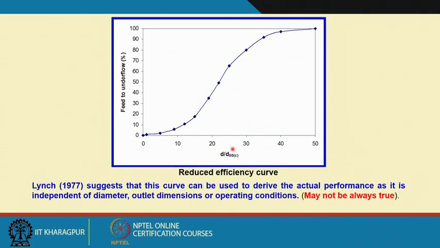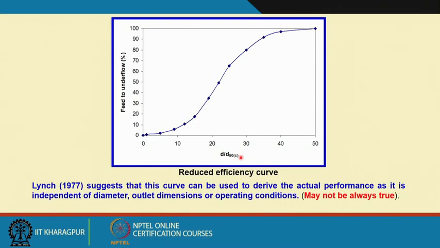Now, what is the advantage of doing this, according to the scientists who proposed it? Professor Lynch of University of Queensland named it the reduced efficiency curve, where he plotted d by d50c. d by d50c means the size you want to know.